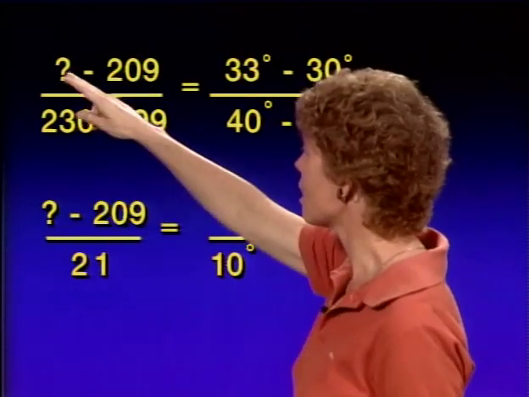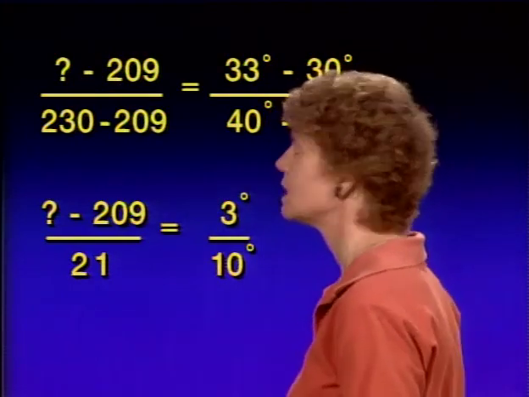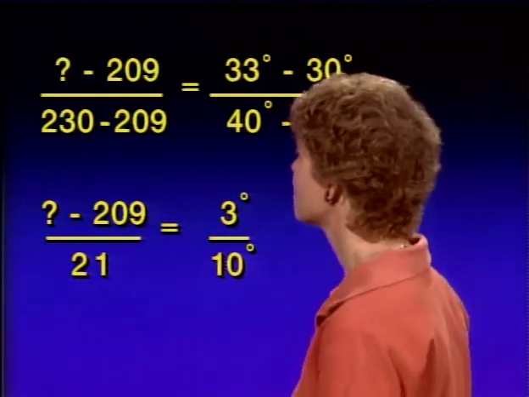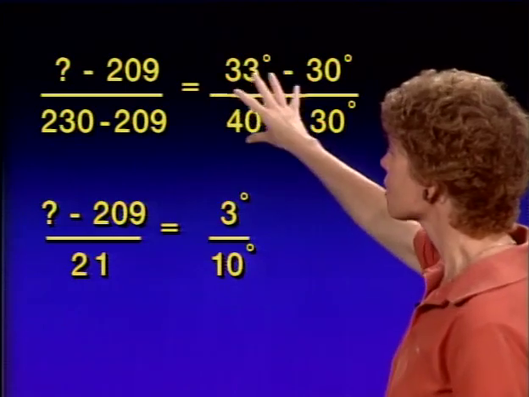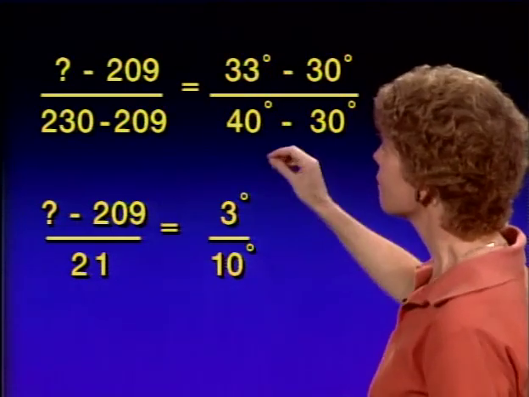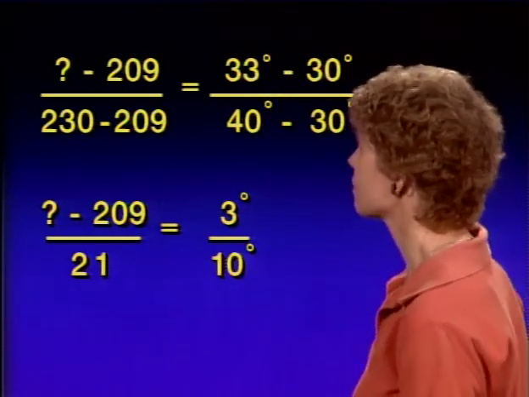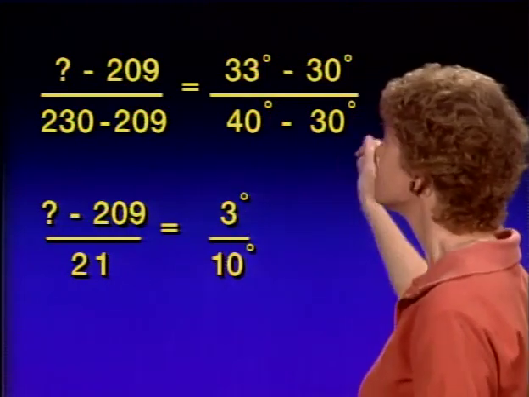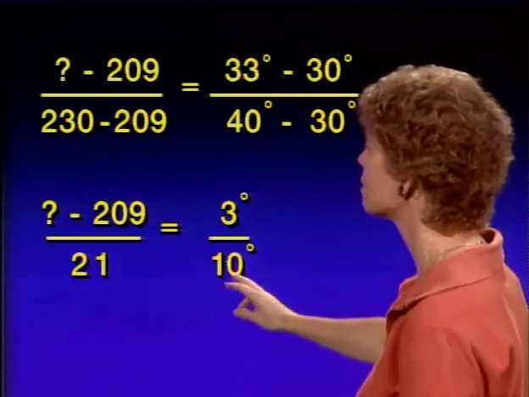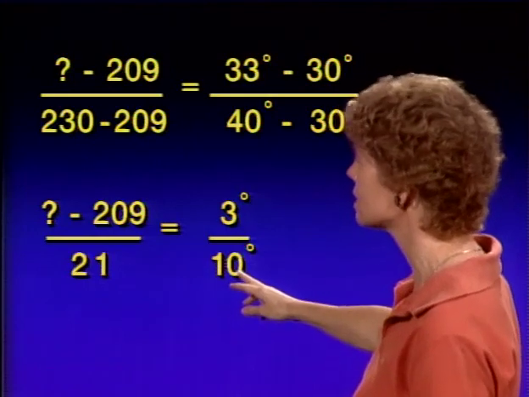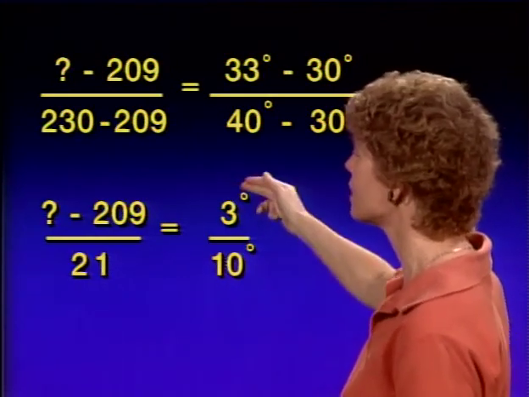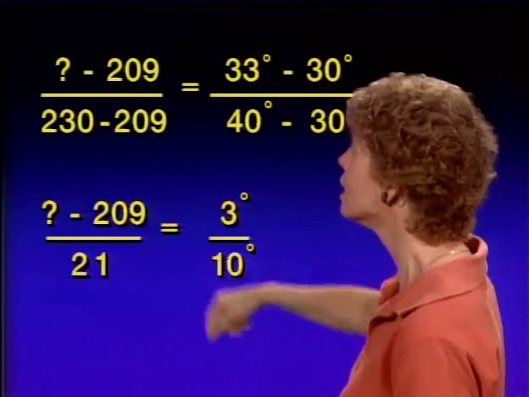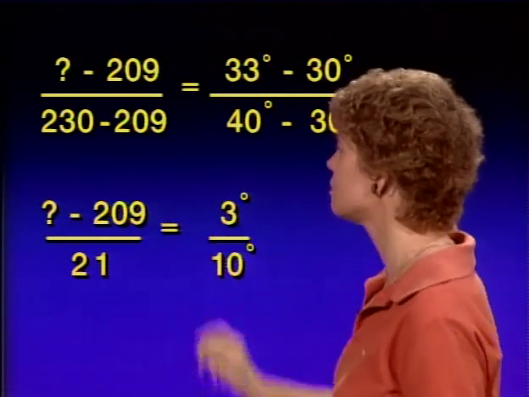First of all, our unknown is what the pressure can be at a temperature of 33 degrees, and we're going to work a ratio problem. The difference between 30 and 33 degrees is 3 degrees. The difference between 30 and 40 degrees is 10 degrees. So we're looking for a pressure that is 3/10 of the way between 209 and 230.